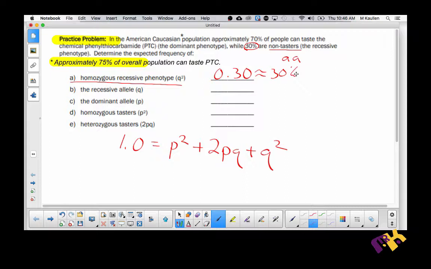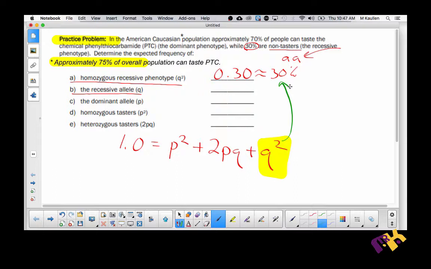Now they want us to find the frequency of the recessive allele, which is how often in the population we have little a. From this equation, we're told that Q squared is this 30%. In order to determine the frequency of the recessive allele on its own, we would want to square root the 30%.